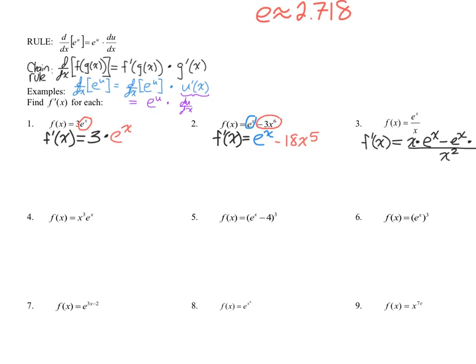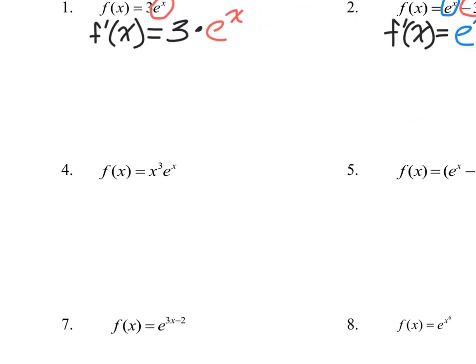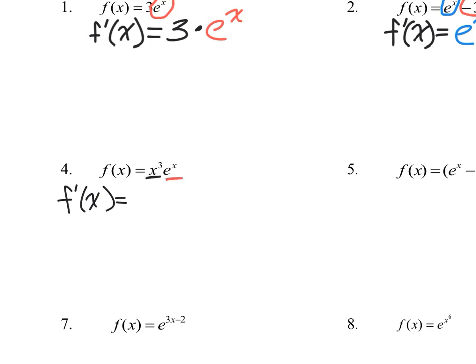All right. Number 4, product rule. Still working with basic exponential e. First function times the derivative of the second function, e to the x has a derivative of e to the x, plus the second function times the derivative of the first.